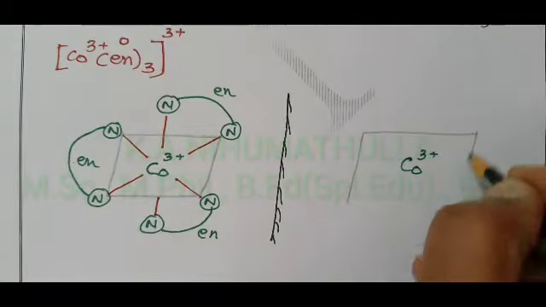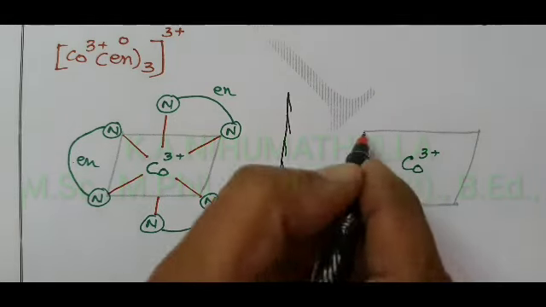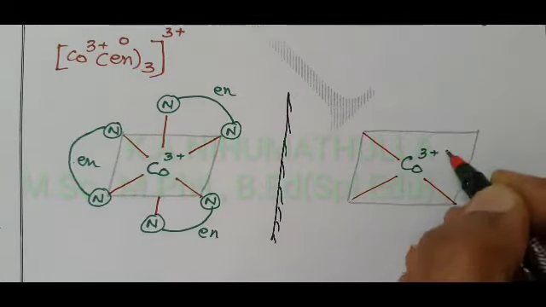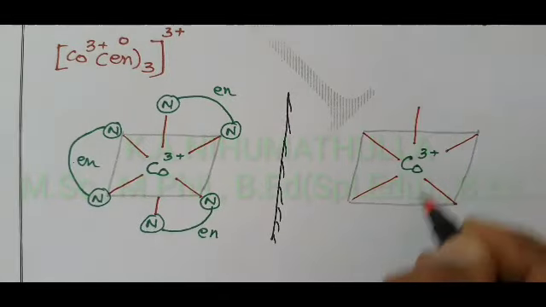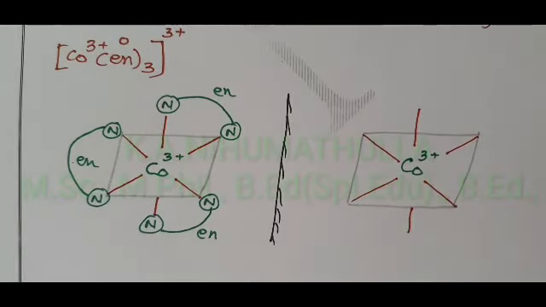This is your square planar. Then the actual structure is octahedral. 4 corners, 4 bonds are present. 1, 2, 3 and 4, 5 above the plane, below the plane, 6. How will you get the mirror image?